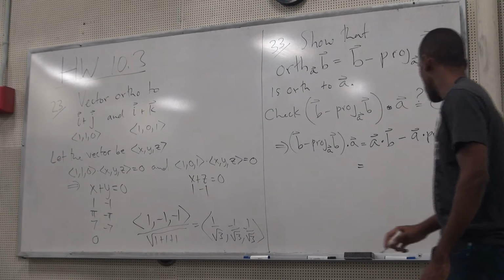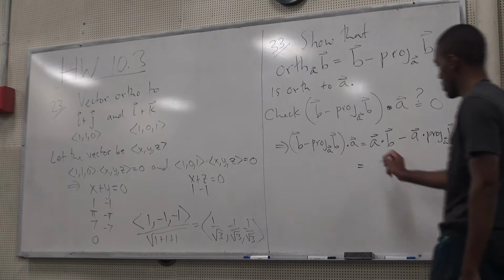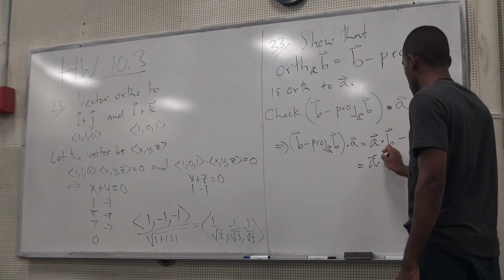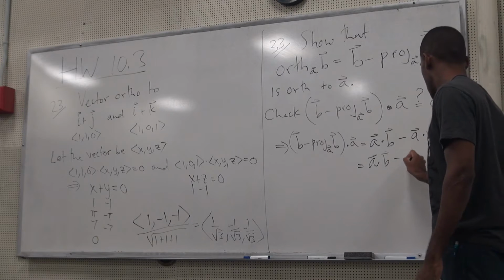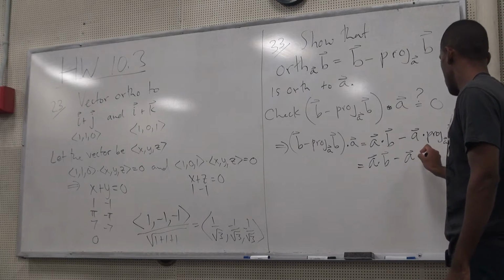And, okay, what did we do from there? This is A dot B minus... you expand the projection as the formula says.